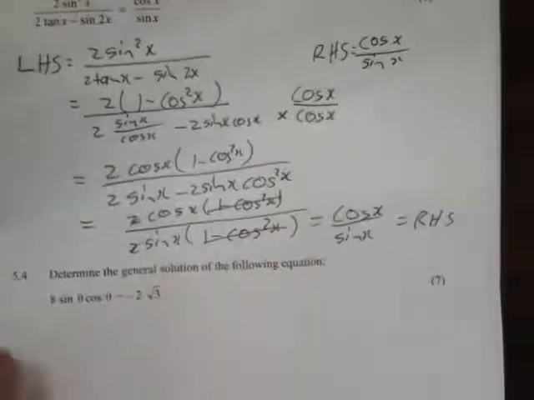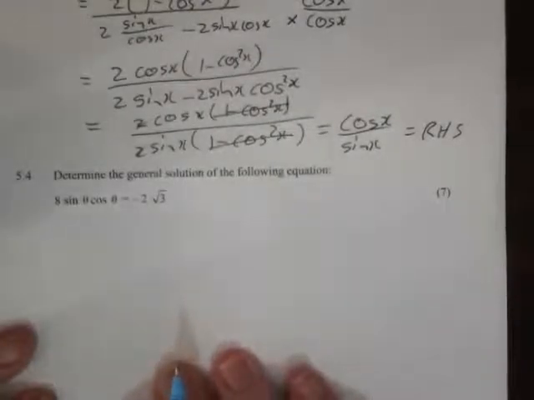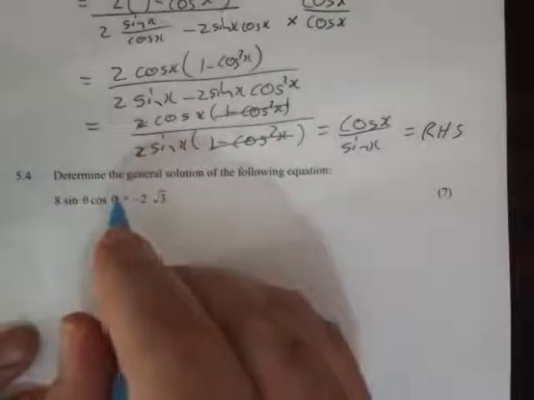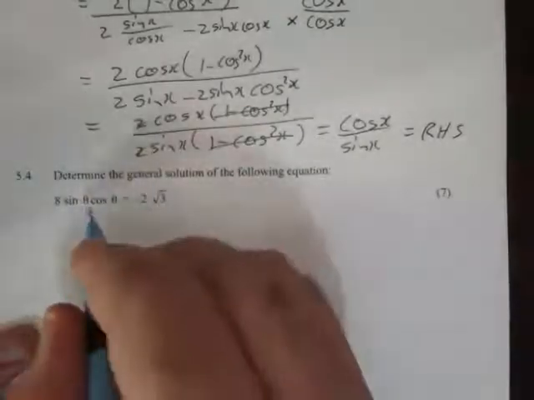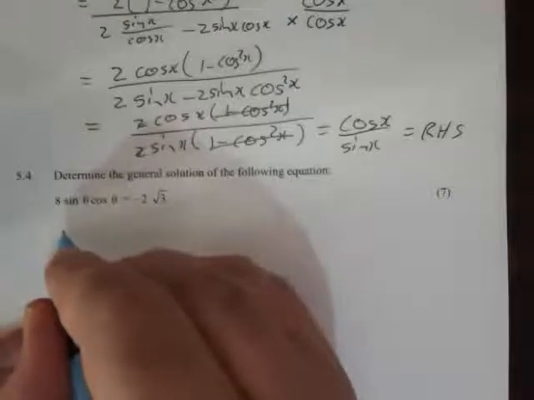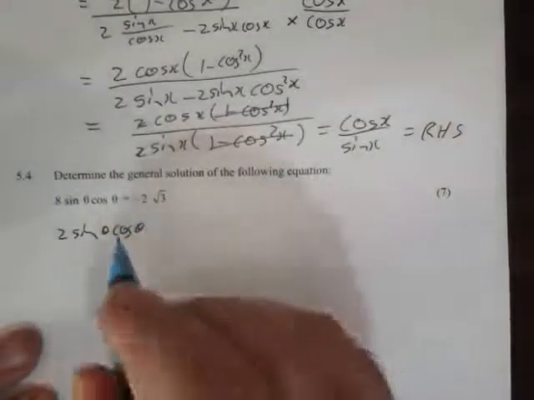Okay. Now let's look at this last question. The 7 marks, which I think is the easiest 7 marks in this specific question. Okay, again, sin theta, cos theta, so double angles. So I can rewrite that as 2 sine theta cos theta.